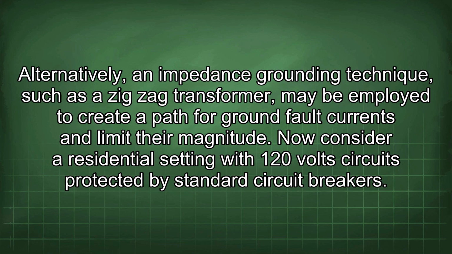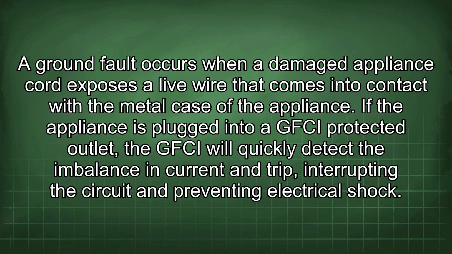Now consider a residential setting with 120 volt circuits protected by standard circuit breakers. A ground fault occurs when a damaged appliance cord exposes a live wire that comes into contact with the metal case of the appliance. If the appliance is plugged into a GFCI protected outlet, the GFCI will quickly detect the imbalance in current and trip, interrupting the circuit and preventing electrical shock.